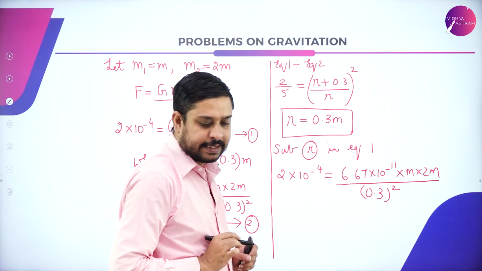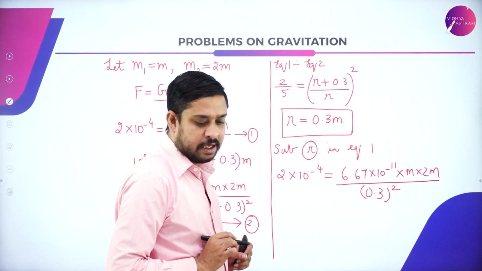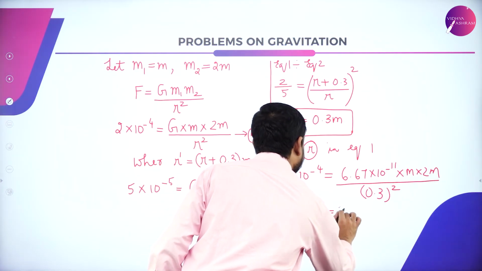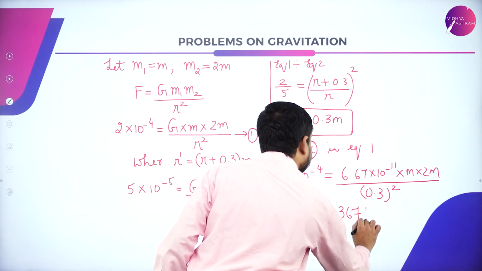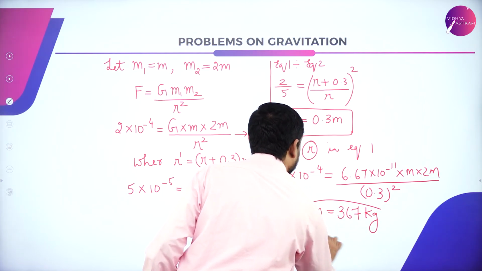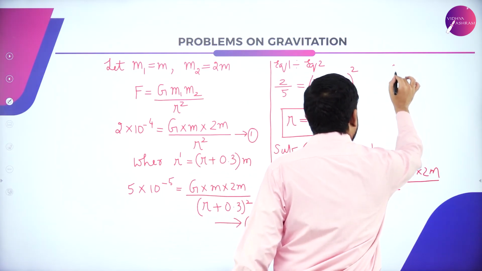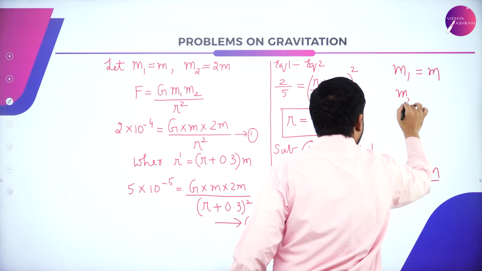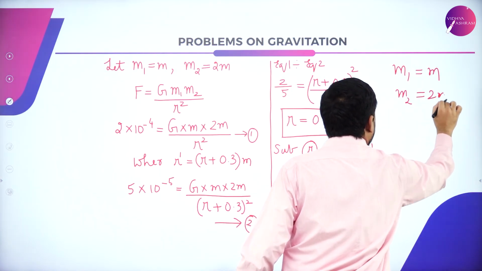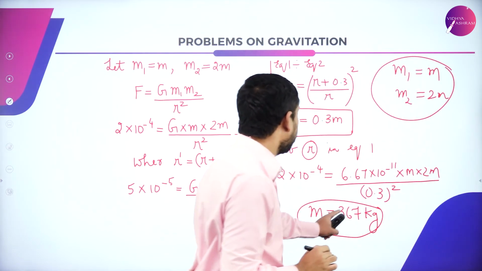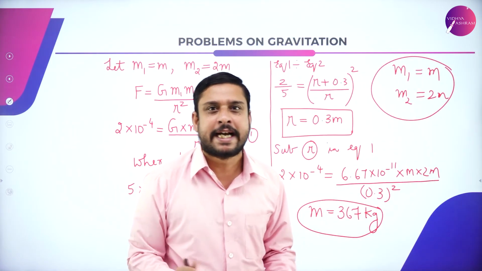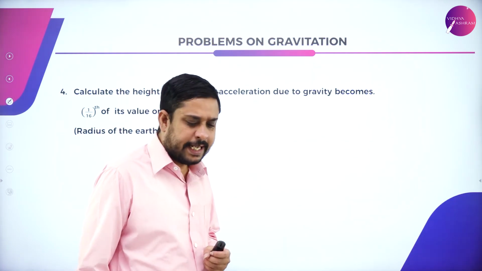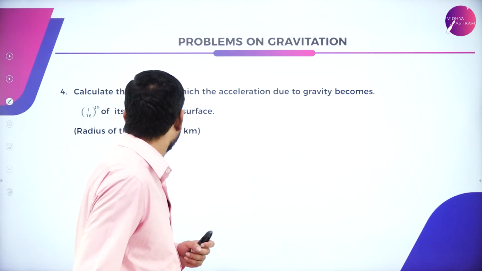So on simplification, this turns out to be nearly 367 kgs, which means again M1 has to be M and M2 has to be 2 times M. So just multiply this with 2, you get the second mass M2. Again, an interesting problem.